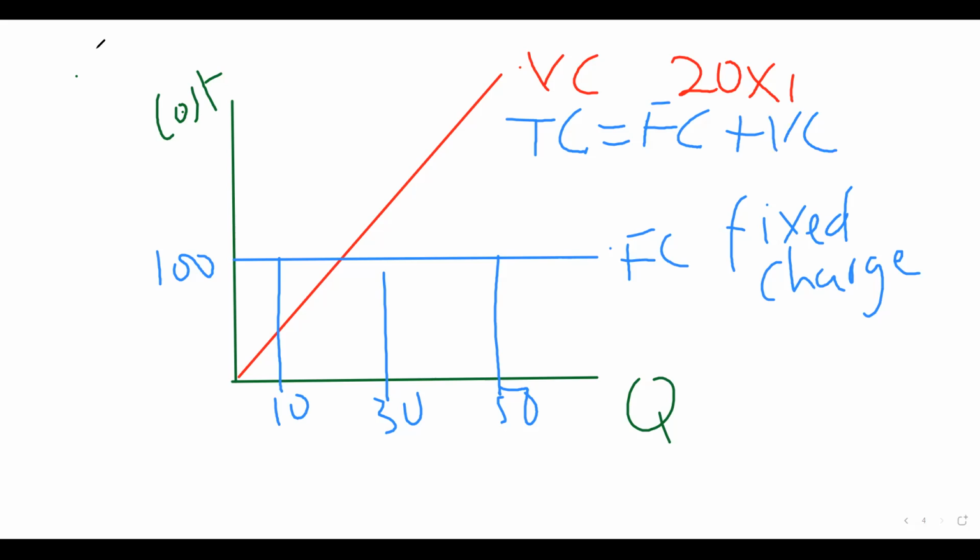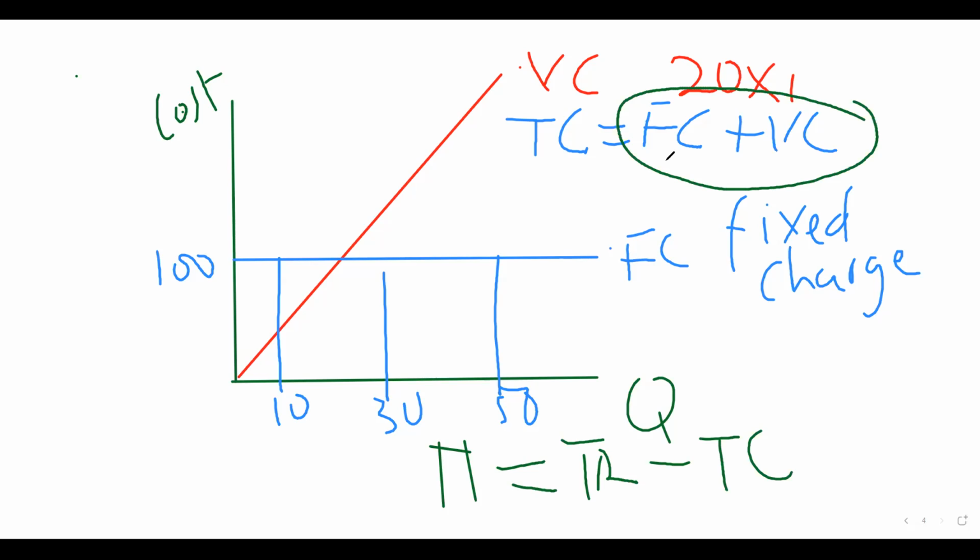You will also remember that the actual profit of a firm, let me call it pi here, is the total revenue minus the total cost. Do you remember? Exactly. Total revenue minus total cost. But now we are telling you that this total cost is actually made up of the fixed cost plus the variable cost.